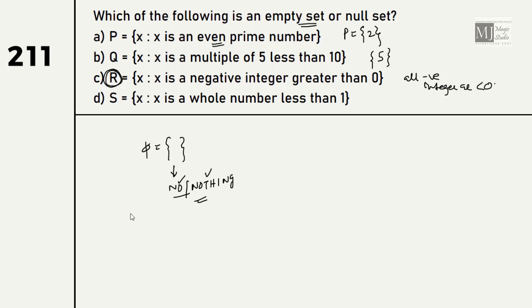That means R is an empty set. For S, X is a whole number less than 1. Yes, we have a whole number less than 1, and that is 0. Having 0 in a set means that this set is not a null set. So our set R is a null set because there is no negative integer greater than 0. Answer C.